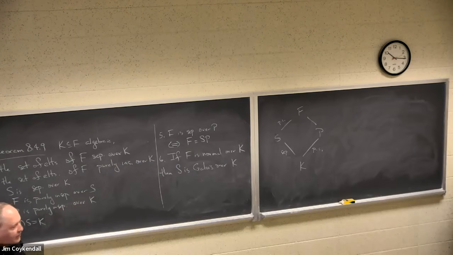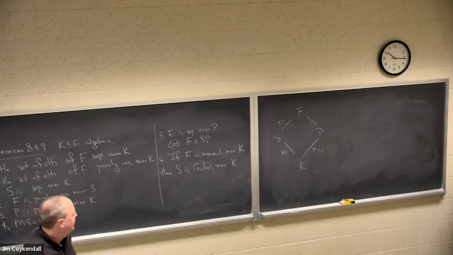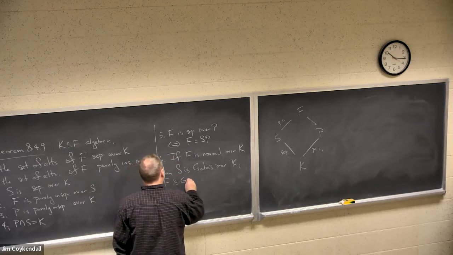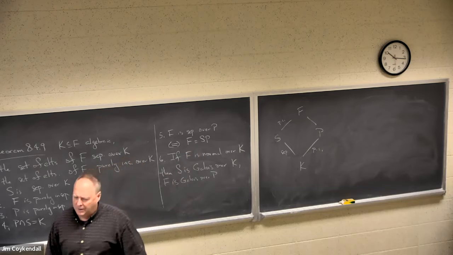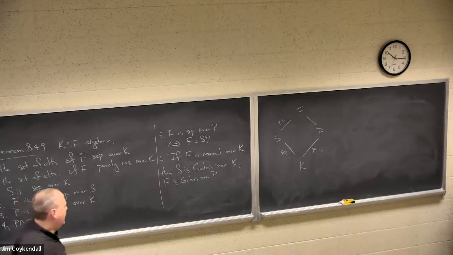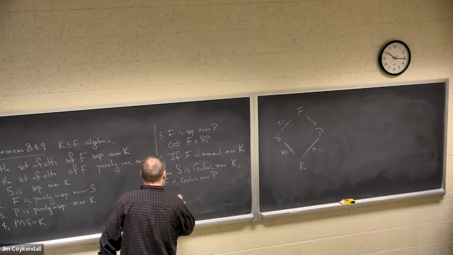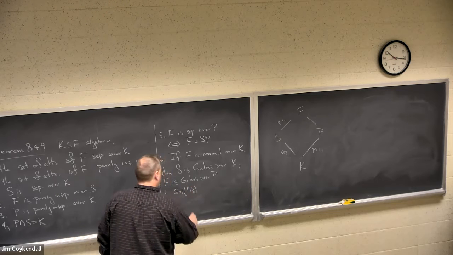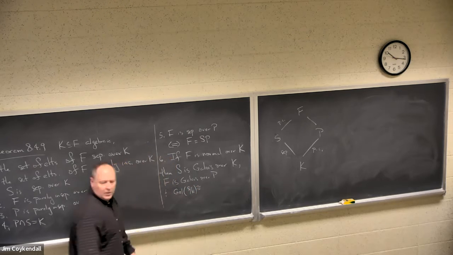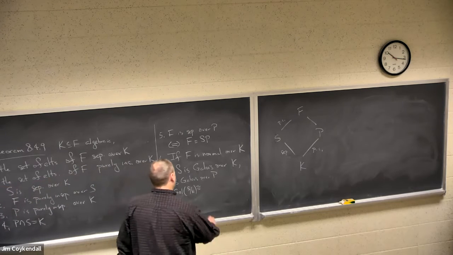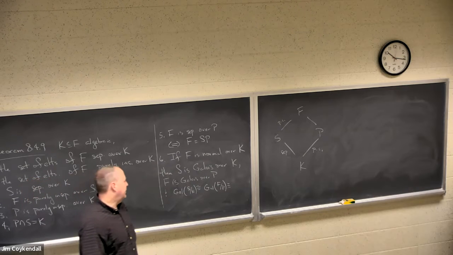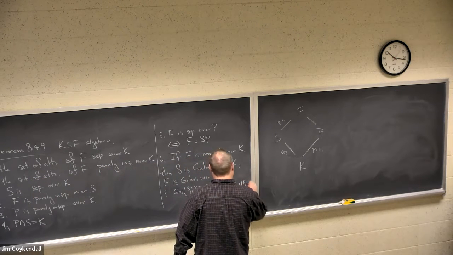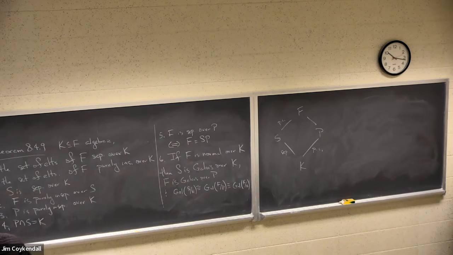If F is normal, so let me finish my thought on number 6. If F is normal over K, then S is Galois over K, and F is Galois over P. So what we can glean from that is, if F is normal and this condition holds, then the Galois group of S over K is isomorphic to the Galois group of F over P, which is isomorphic to the Galois group of F over K. I'm going to leave this.